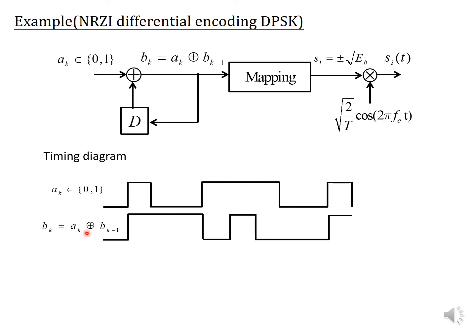BK is the transmitted symbol, and BK is still binary, 0 or 1.